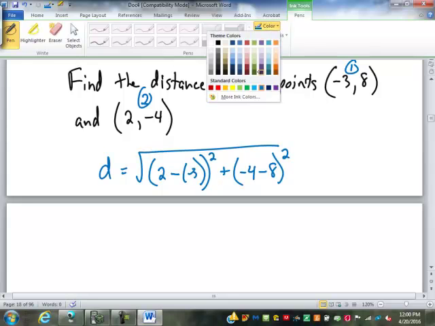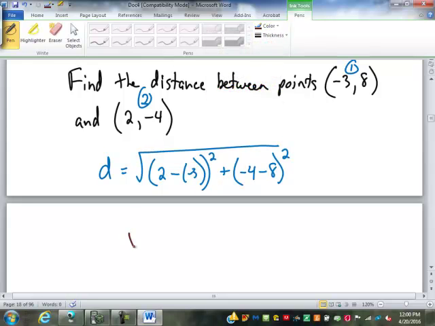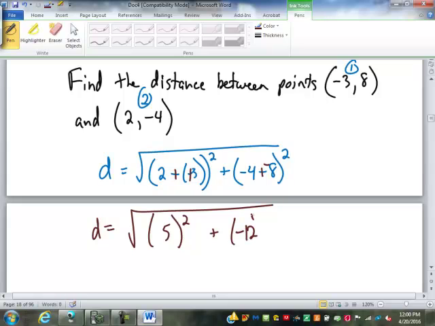So we have to be very careful with our negatives here. 2 minus a -3, remember minus a -3 becomes plus a positive, so that'll be 5. -4 minus 8 becomes -4 plus a -8, which will be a -12.